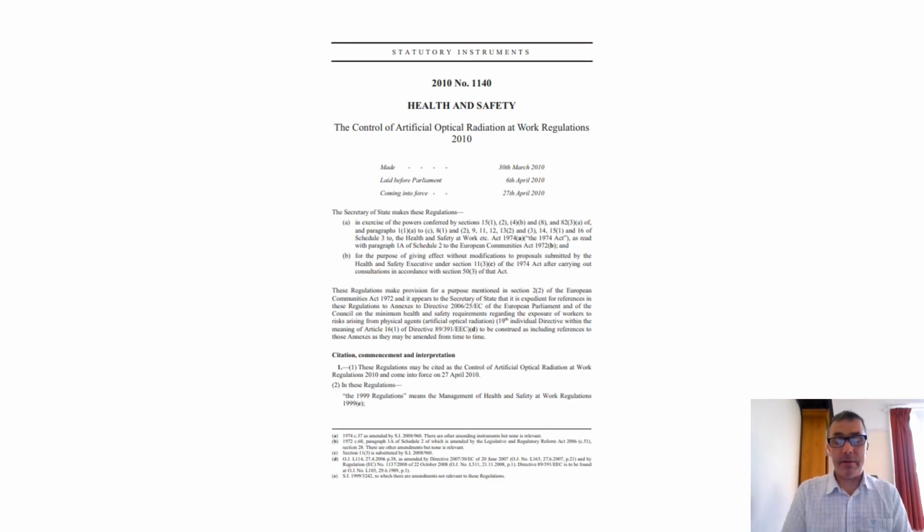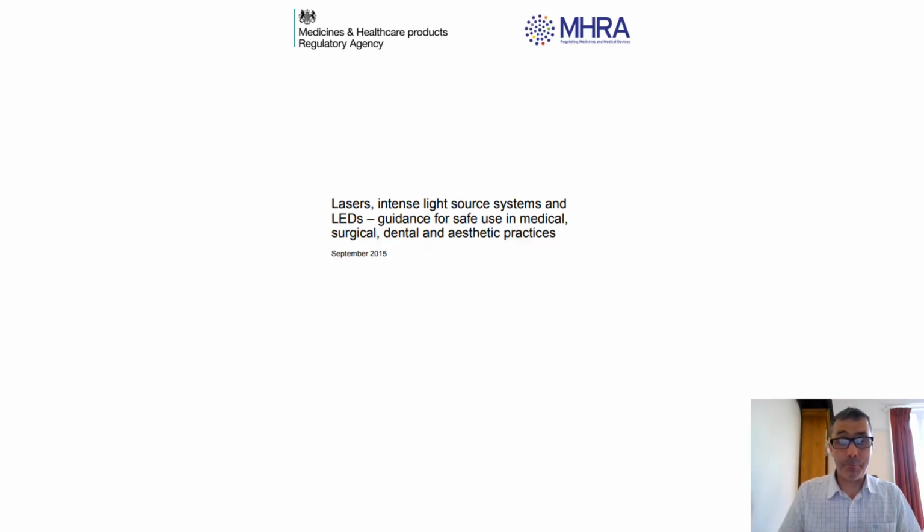So just on to some final documentation here for our own reference. These are the Control of Artificial Optical Radiation at Work Regulations 2010, from which our laser safety for staff and public requirements come. And a nice manageable document here, the Lasers, Intense Light Source Systems and LEDs: Guidance for Safe Use publication from the MHRA.